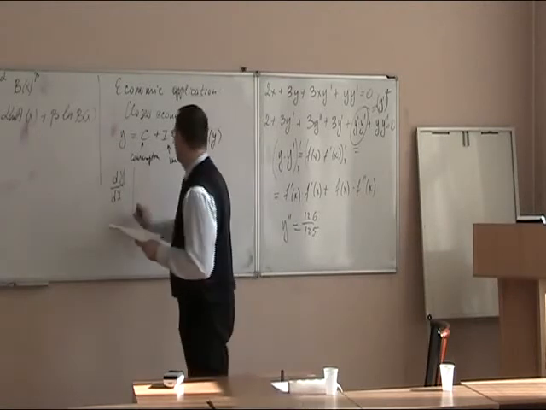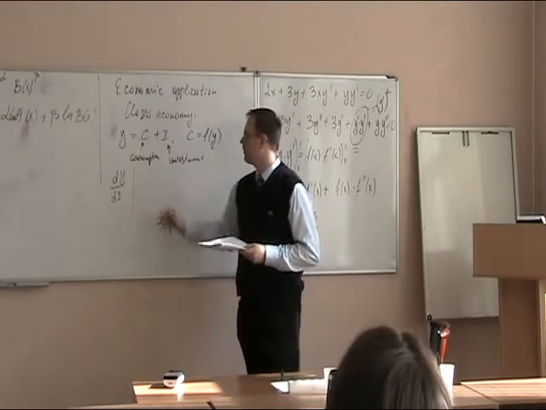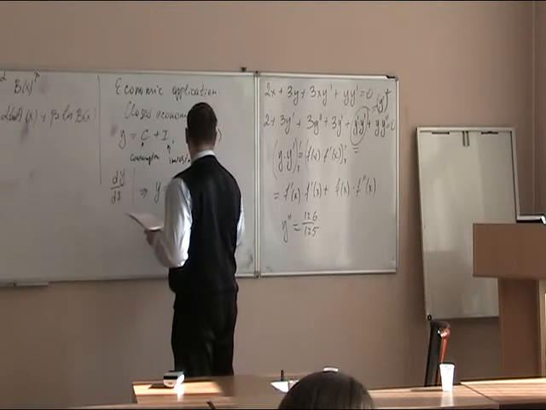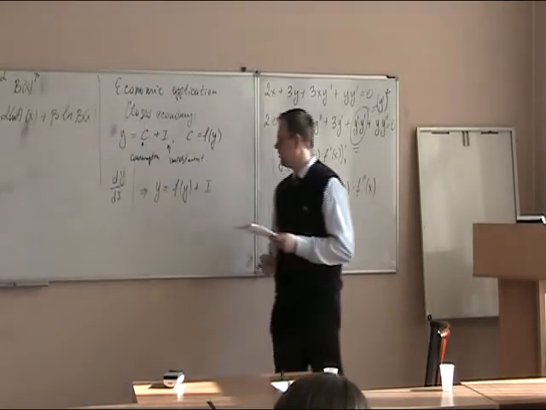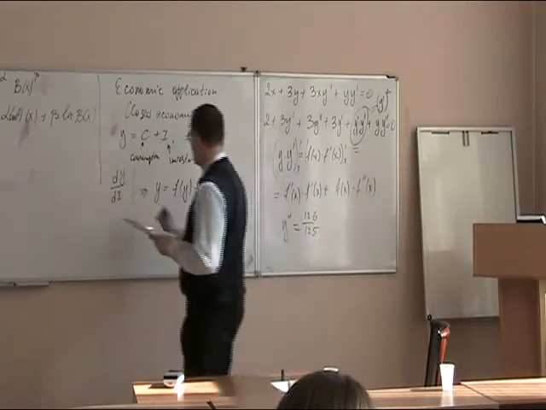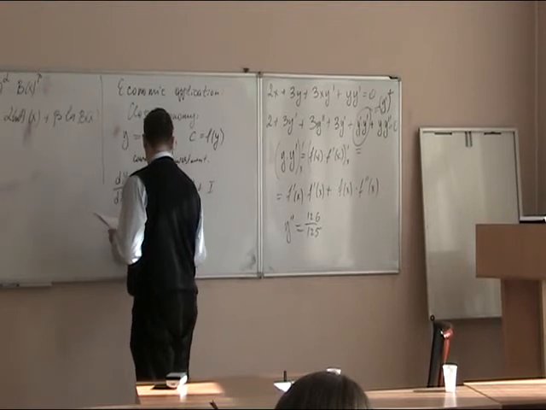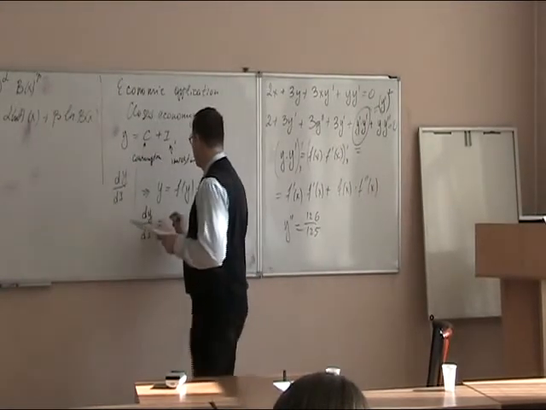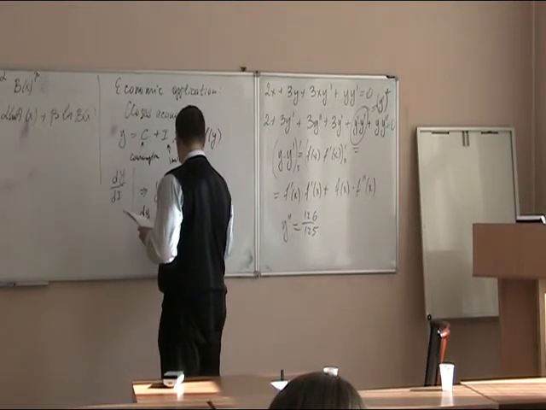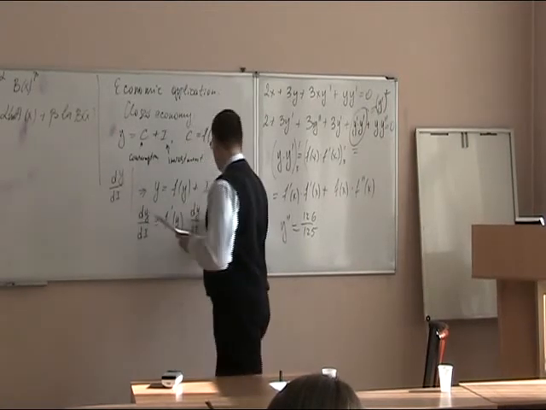Because right now, what we have to write down, we have to substitute this function of y into this formula. So what we get is y is the function of y plus I. And now we have to differentiate both parts with respect to I. So we have dy over dI is going to be f prime of y times dy over dI plus 1.